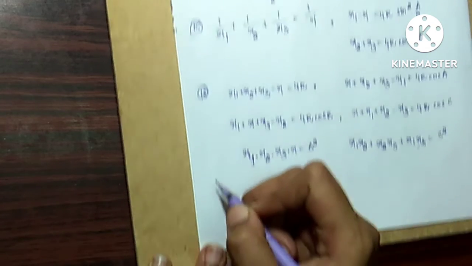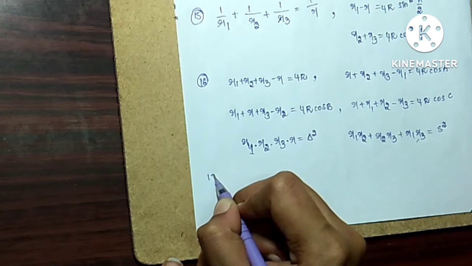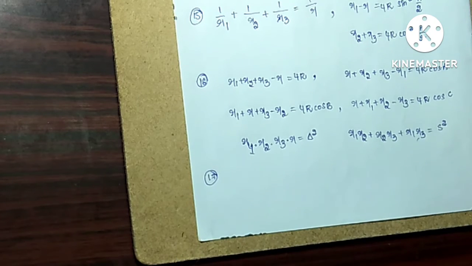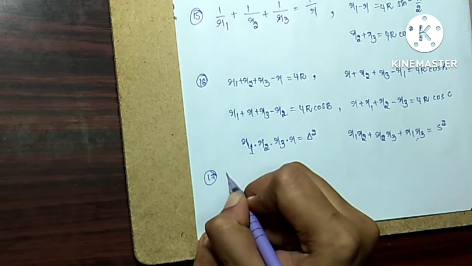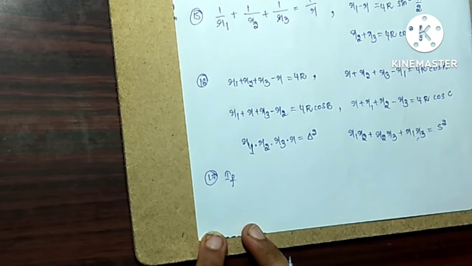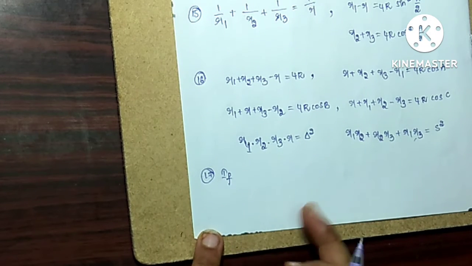Now our 17th important formula is this, and this is the point we have to recognize.